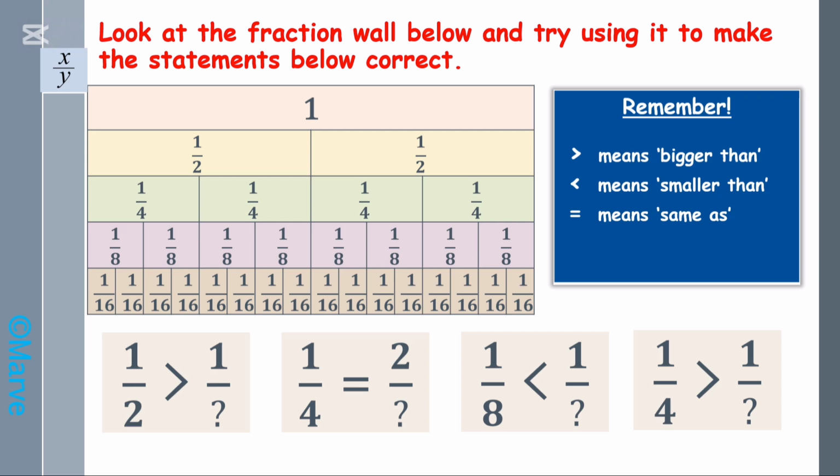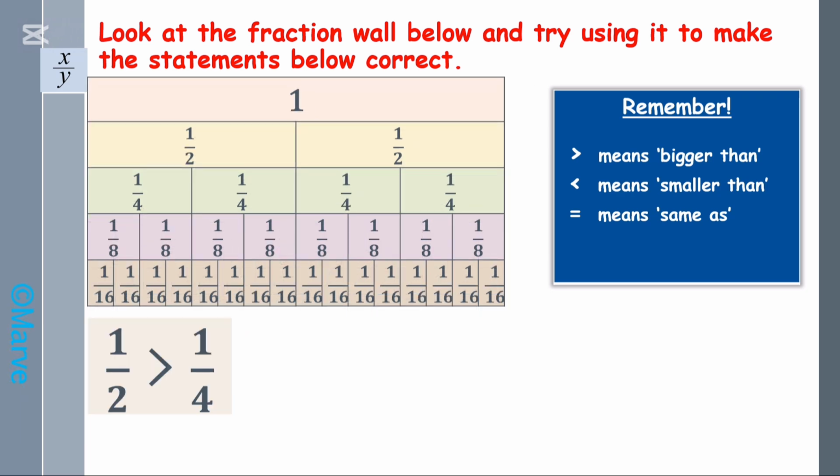Okay, welcome back. So let's look at that. I hope you got the answer right. In the first one, 1/2 is greater or bigger than 1/4. So if you check 1/2, you will see that it's quite bigger than 1/4.